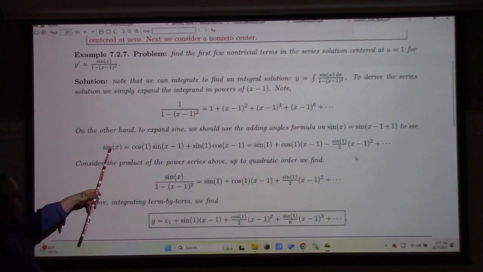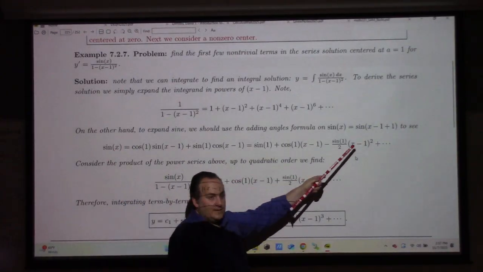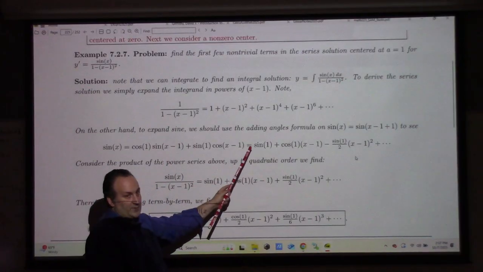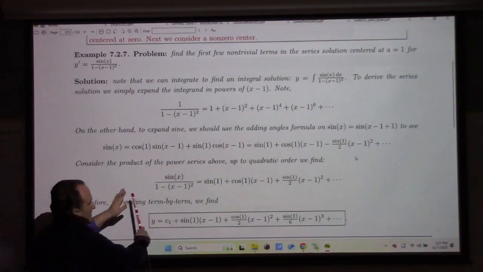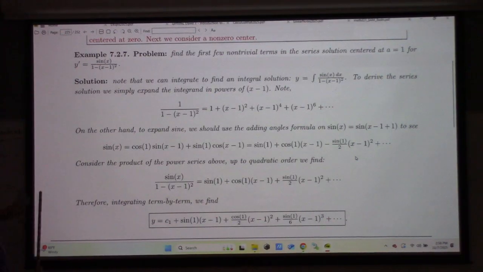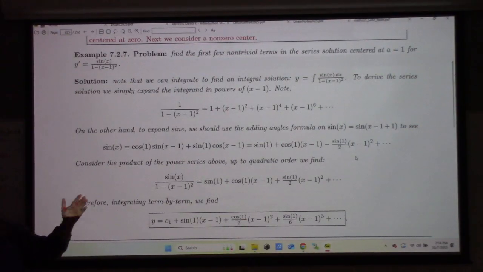And then sine of x we can rewrite as sine of x minus 1 plus 1, like so, right? And then we use the angle addition formulas, and it gives me a sine and a cosine series centered at 1, of which here are the first few terms. Then you plug those in to the differential equation, and this one, it's y prime, right? So this one's especially easy. I don't actually need to do this equating coefficients thing, right?